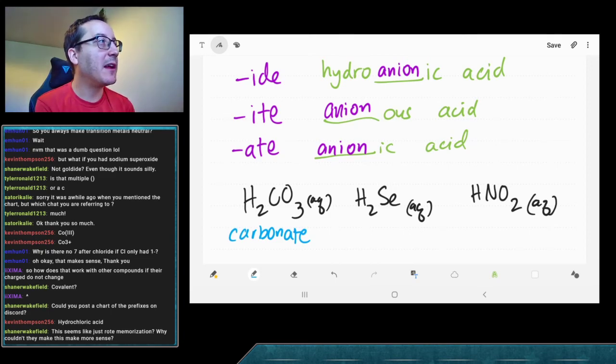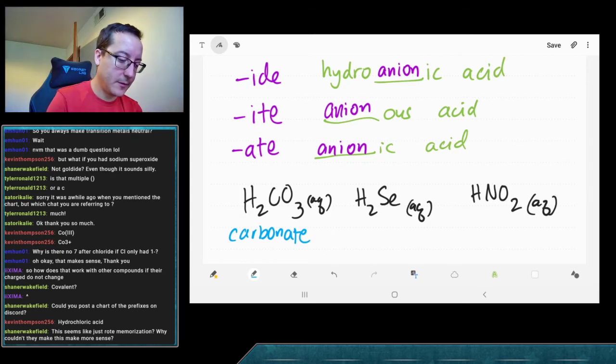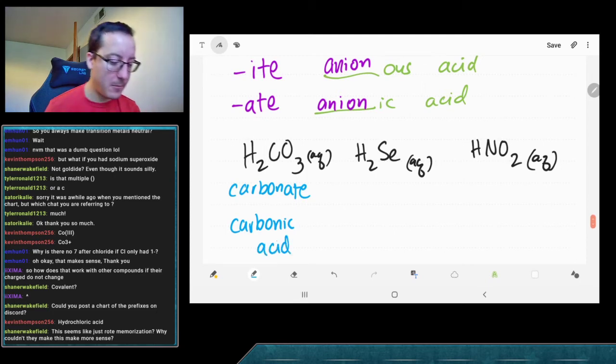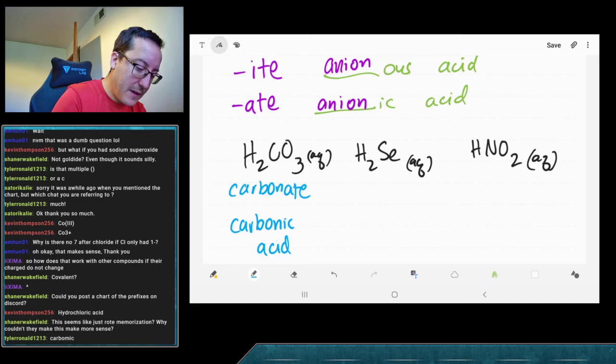Okay, so carbonate ends in "ate." So that will be carbonic acid. We have gotten rid of the "ate," and we replaced it with "ic acid." With this one, this anion is Se2-, that is selenide.